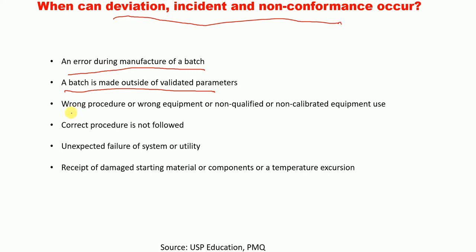These can also occur when the wrong procedure or wrong equipment, or non-qualified or non-calibrated equipment, is used, when the correct procedure is not followed, because of unexpected failure of a system or utility, or because of receipt of damaged starting material or components, or due to temperature excursion.